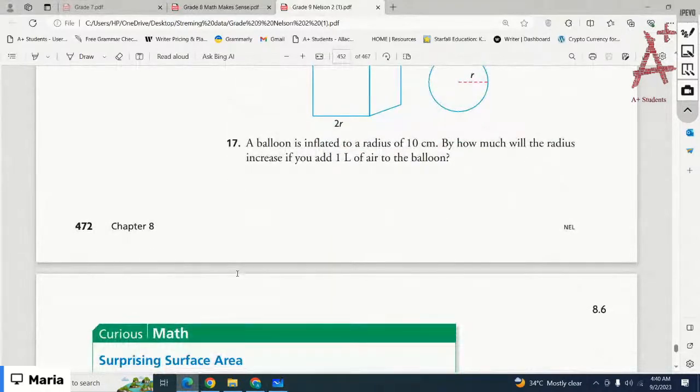Okay, let's just do question number 17. A balloon is inflated to the radius of 10 centimeter. By how much will the radius increase if you add 1 liter of air to the balloon?